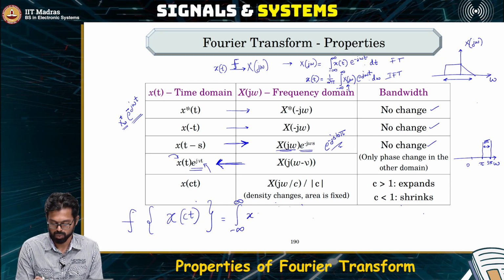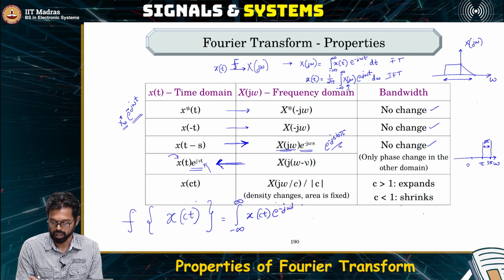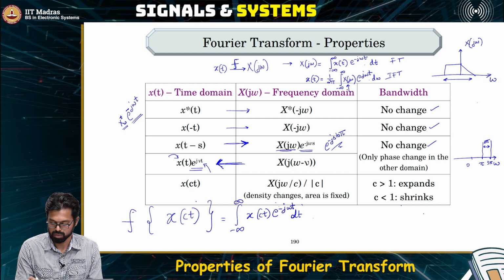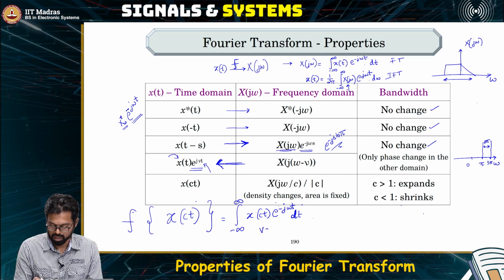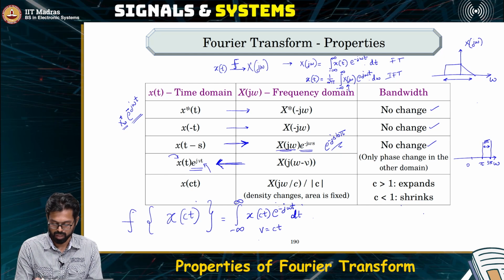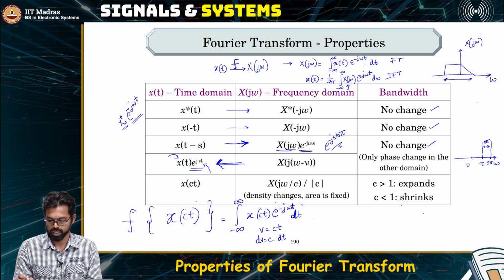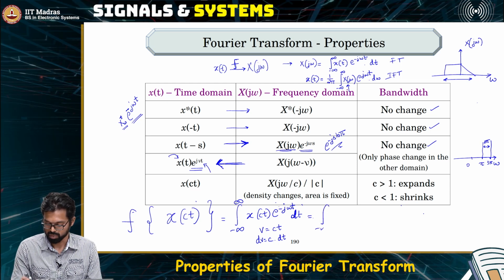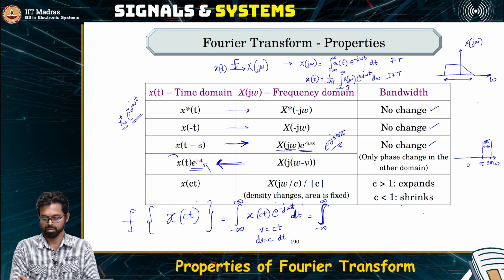We just substitute another variable and then we will get the desired result. So this is equal to the integral of x of ct e power minus j omega t dt. Now change the variable. Let us say v is equal to ct, then dv is equal to c times dt. We have the limits exactly the same, minus infinity to plus infinity.